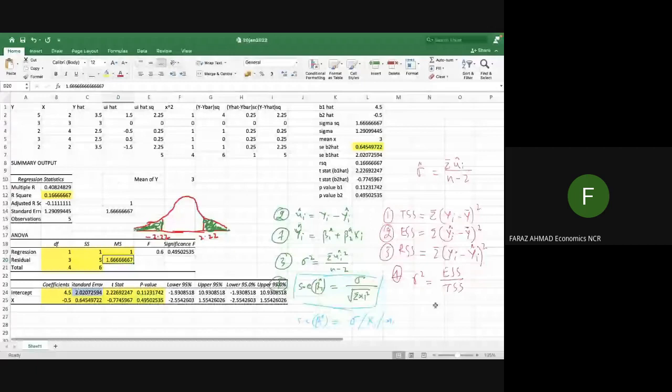So let me write a few one or two equations here that would clarify what we are doing. So I'm writing it here.